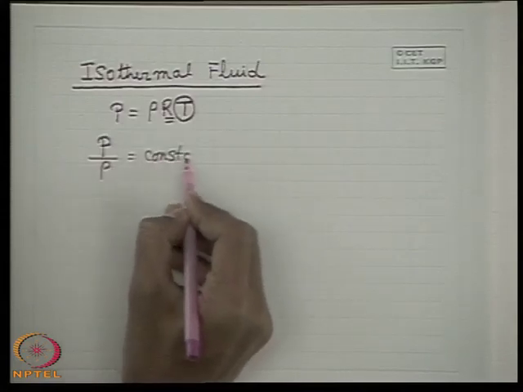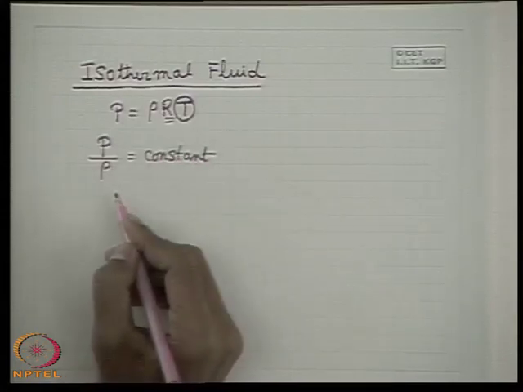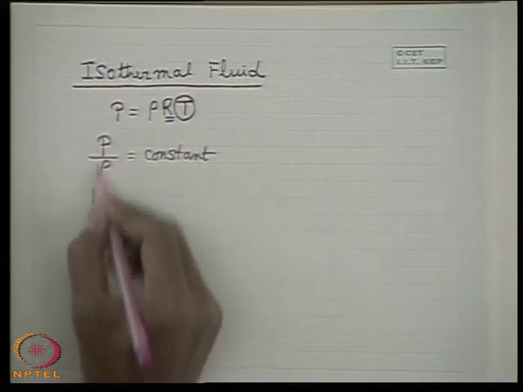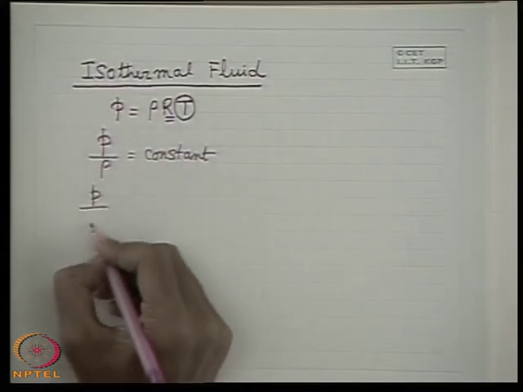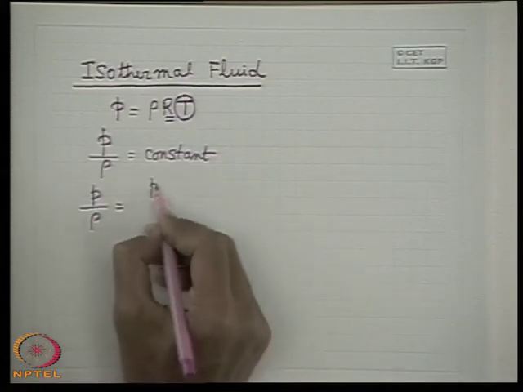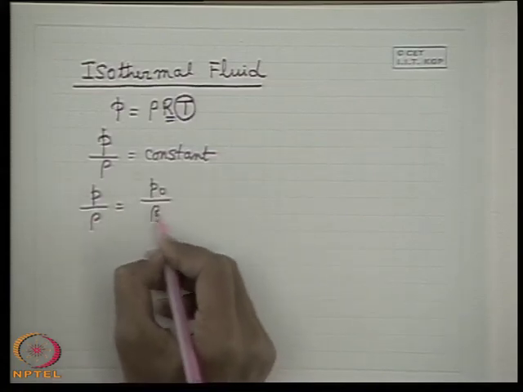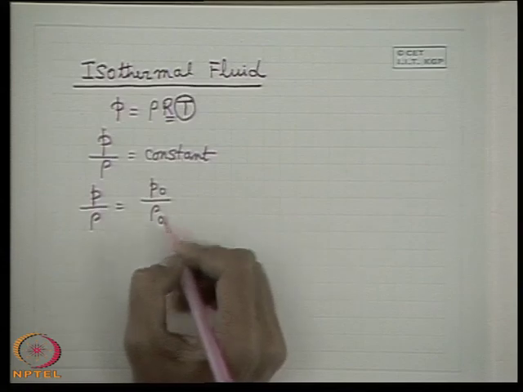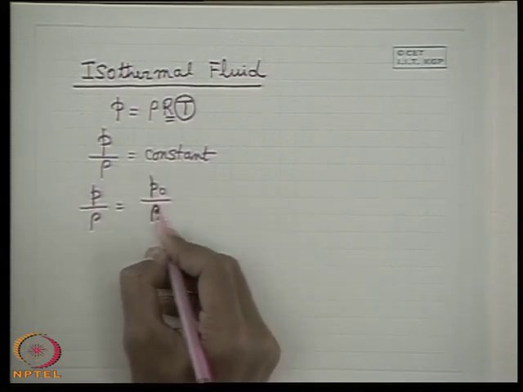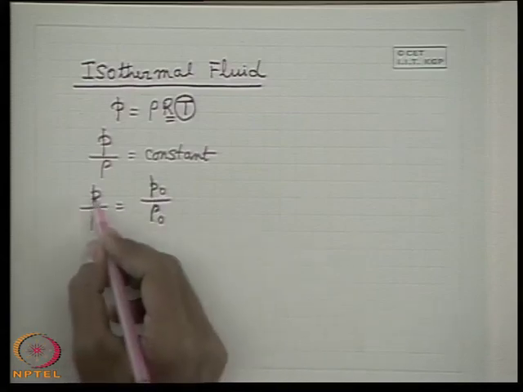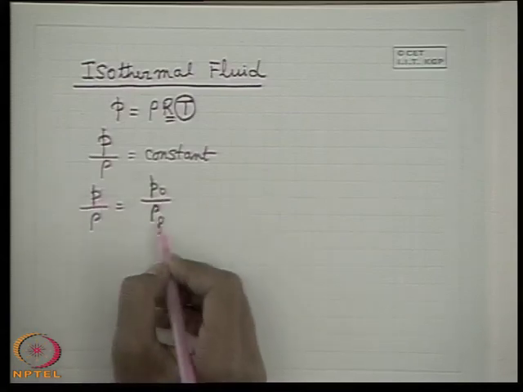So now it becomes simply school level mathematics. We can write P by rho in terms of a reference pressure P0 by rho 0, where P0 and rho 0 are a reference state. That means at some location, if the pressure is P0 and density is rho 0, which we take as the reference state, then P by rho, these being the variables, is P0 by rho 0.